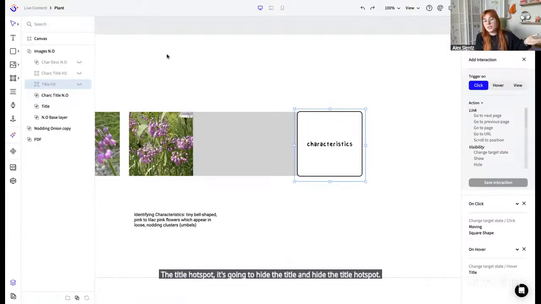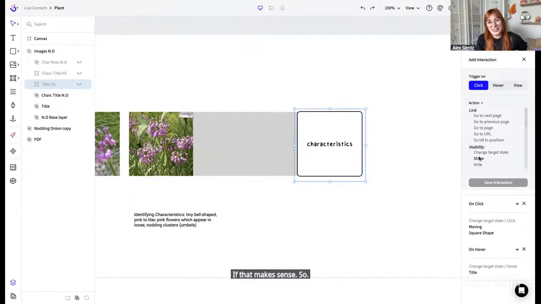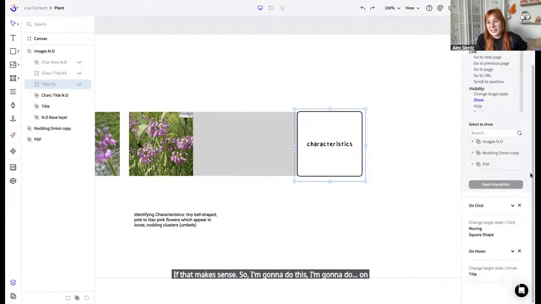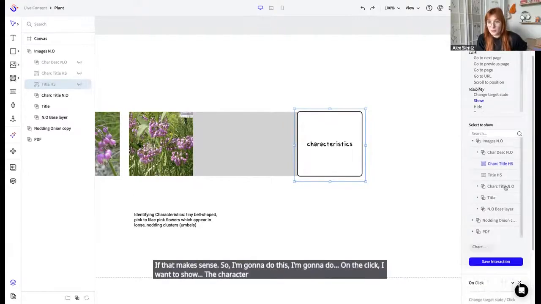So what that's going to do is it's just going to make it easier so there's no underlaying. So if I hide something else that I have layered on top of it, that's not going to show up, if that makes sense. So I'm going to do this. I'm going to do on the click, I want to show the character title hotspot, and I also want to show the character title.